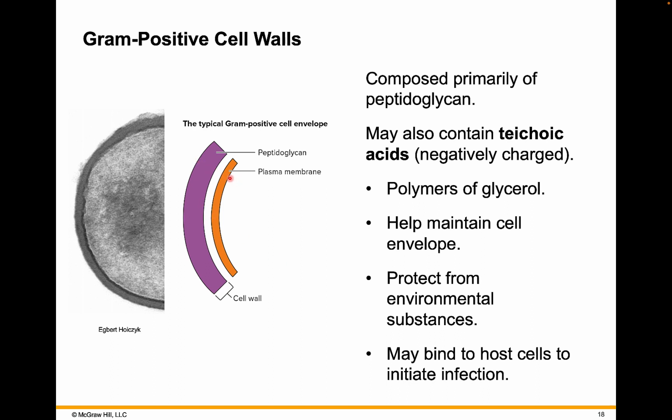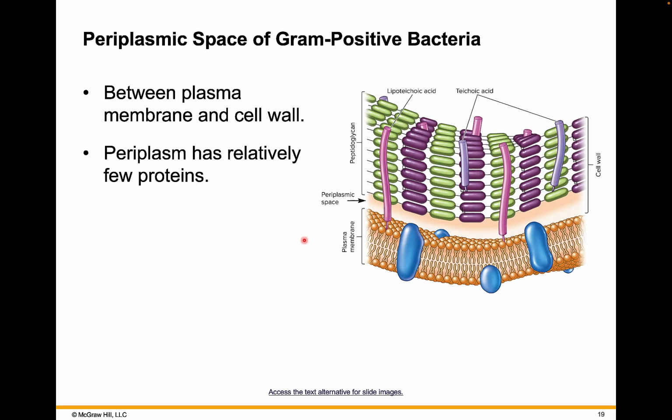And there are two different types. There is wall teichoic acid, which is present only in the peptidoglycan layer, and another one is known as lipoteichoic acid, where a part of the teichoic acid is associated with the plasma membrane and the rest is inserted into the peptidoglycan layer. So wall teichoic acid and lipoteichoic acid, and these are negatively charged as well.